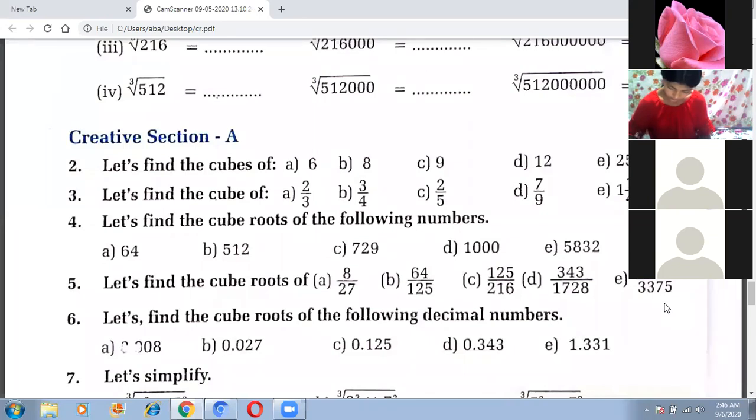Yes. While factorizing 512, what is the product of prime factors? 2 into 2 into 2 into 2, 2 multiplied 9 times. Again, you can factorize 3375.